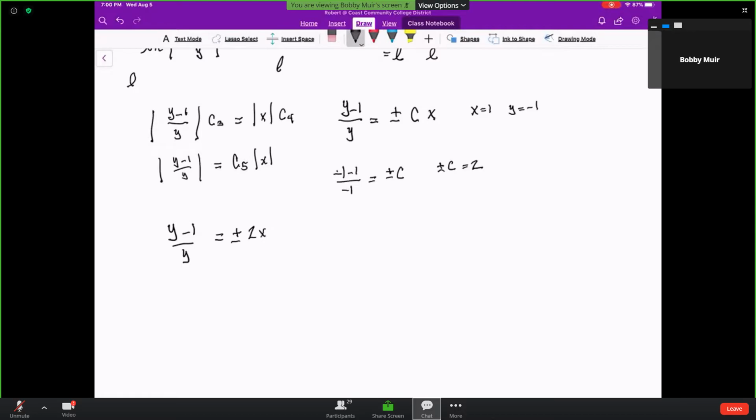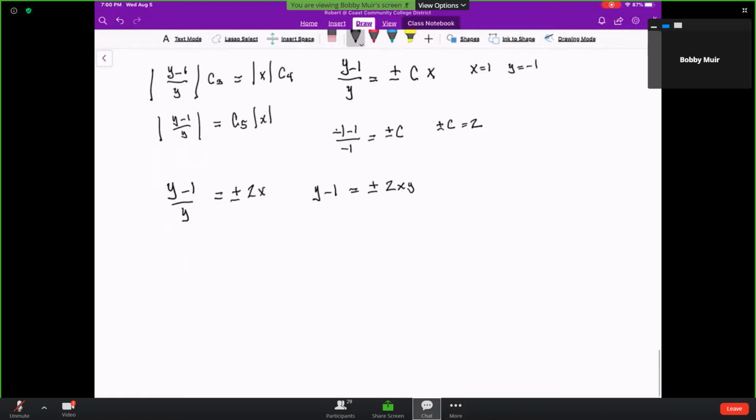So if I was to go y minus 1 equals plus or minus 2xy, I'm going to try to solve this for y. So y minus or plus 2xy equals 1. So y times 1 plus or minus 2x equals 1.